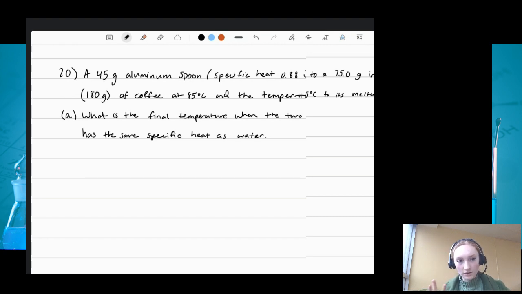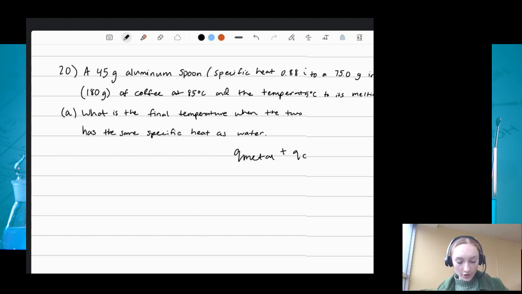So because they're transferring to each other, we can do this just as we did last time. So it's Q of metal plus Q of coffee equals 0. You can probably assume where we're going, or maybe not, but that's fine. We'll put the equation for Q into each of these terms, for what's going on with the metal and what's going on with the coffee.